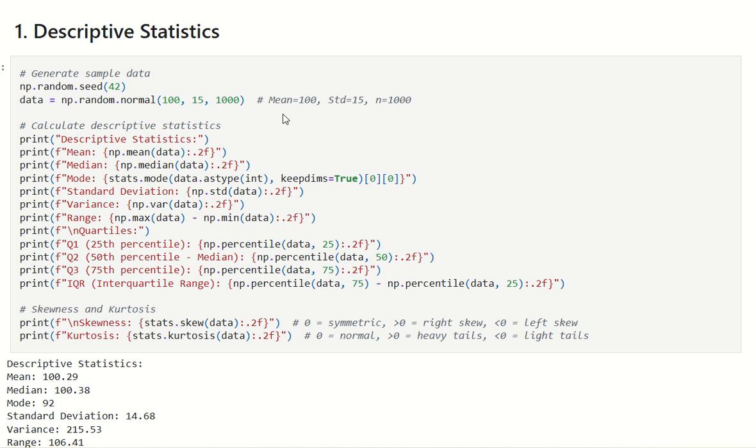And for distribution shape, I compute skewness to detect asymmetry and kurtosis to assess tail weight. Practically, I compute quartiles and interquartile range, IQR, because it feeds into a robust outlier detection rule. Anything below Q1 minus 1.5 times IQR or above Q3 plus 1.5 times IQR is suspect.